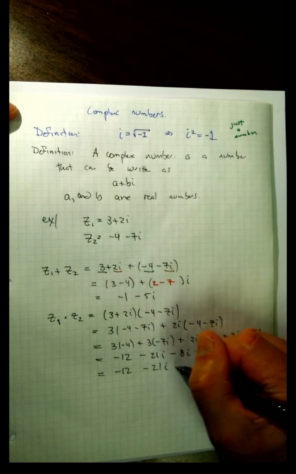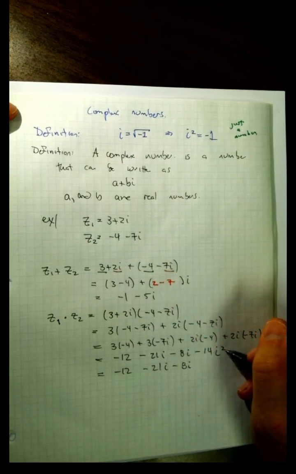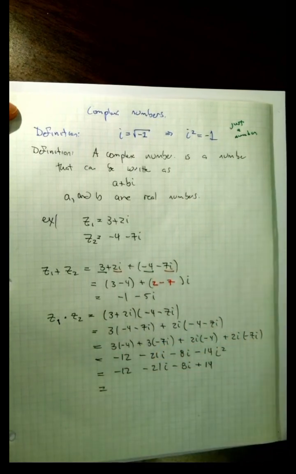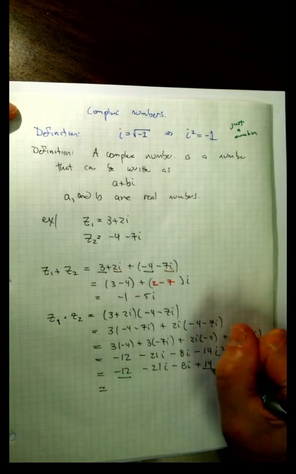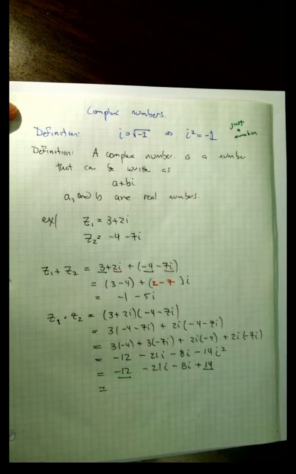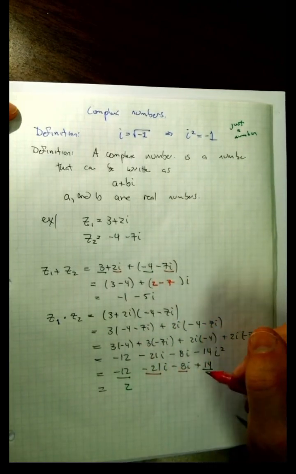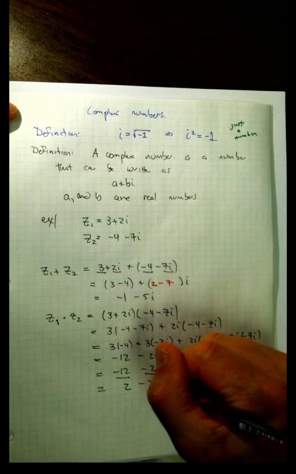And now when I carry that through, i squared is minus 1, so I get a minus times a minus, becomes plus 14. And now I can collect the parts without an i, so that's minus 12 plus 14 is 2. And the parts with an i is minus 21 minus 8i is minus 29i.